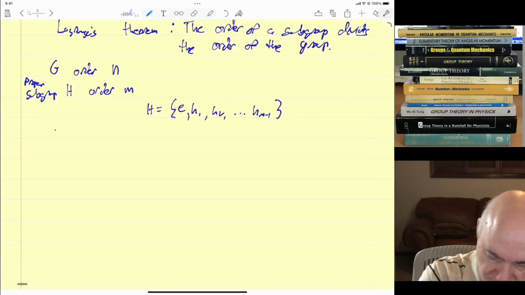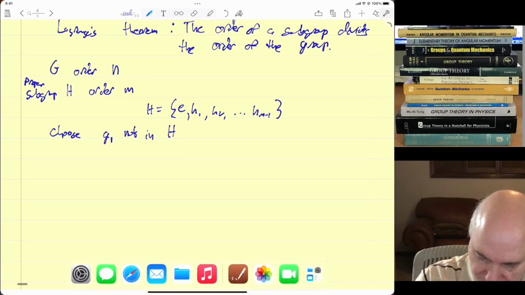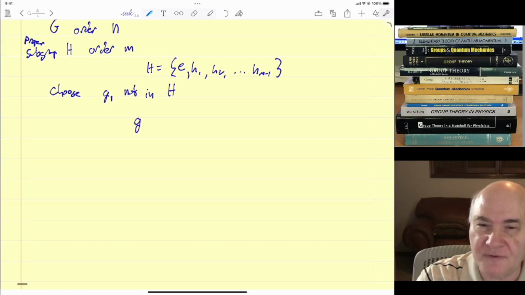So choose an element G1 not in H. Okay. And now form the group. In abstract algebra, this would be called, I always get confused whether it's a left coset or a right coset, but it's a coset.